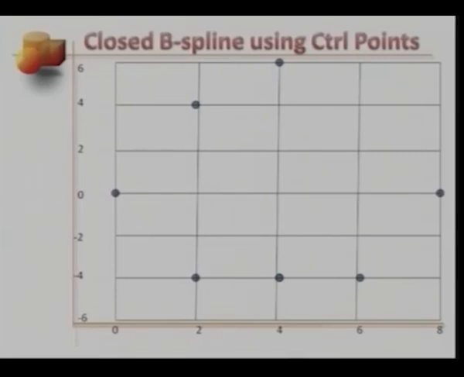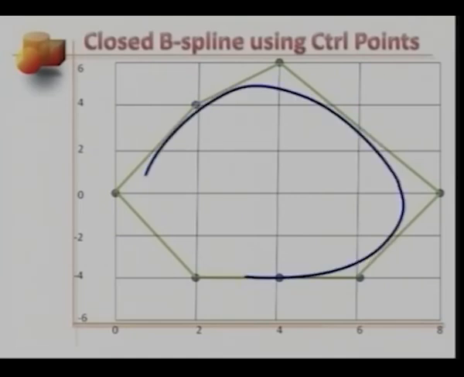So effectively, what has happened? Now the first design point had multiplicity 3, and now the last design point also has the same multiplicity. This is our control polyline, which forms a closed polygon, and this is the resultant B-spline curve.